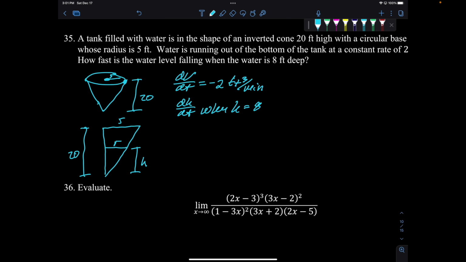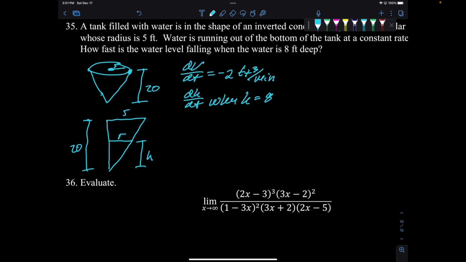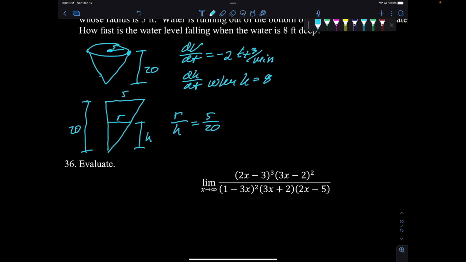These are similar triangles, which means that R over H is 5 over 20, which is 1/4. The question is 100% about H, right? We know what H is. We want dH/dt. I need to get rid of R, so I'm going to say that R is 1/4 of H. All right, now what to do with this?